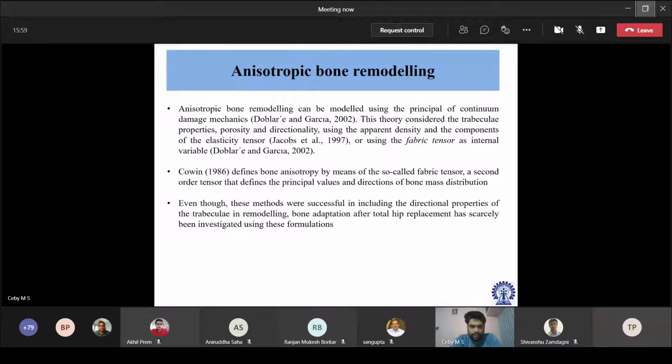There has been several research in this anisotropic bone remodeling, presented here by Doblaré and García 2002 and Jacobs et al 1997. One of the main terms you have to get familiar with is the fabric tensor. So what is fabric tensor?